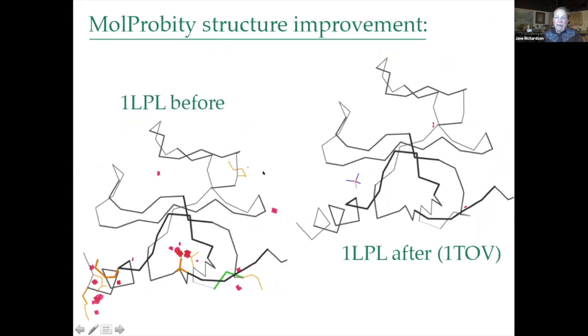And people using this have really improved structures. Here's an initial structure with a bunch of clashes and rotamer outliers, and particularly this N-terminal end here is really in trouble. After some fix-up, that turned out to be a switch between the side chain and the backbone right back there. And here, afterward, there are only a couple of tiny clashes, and there's a new sulfate.